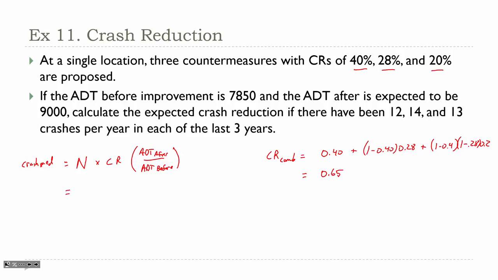What's that? 0.65. So now we have 3 years of crashes. So we just want to average those in this case. So we get an average of 13 times the crash reduction of 0.65. ADT after is expected to be 9,000 divided by 7850.